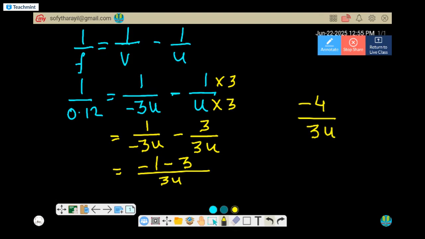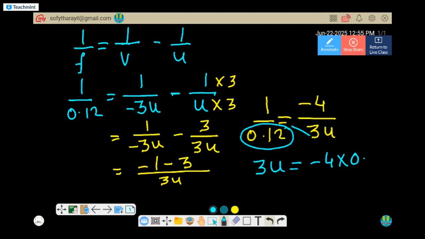Now I'll shift the 3u to the left side and this 0.12 to the right side, so it will get multiplied with 4. And now I will also shift the 3 to the denominator, just keeping u alone. This way I will get the value of u.